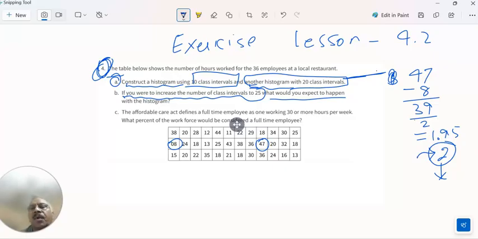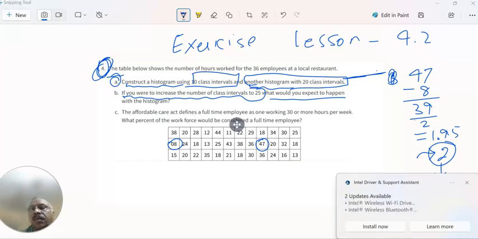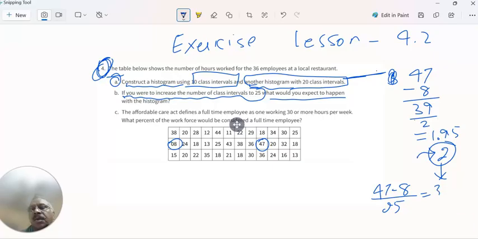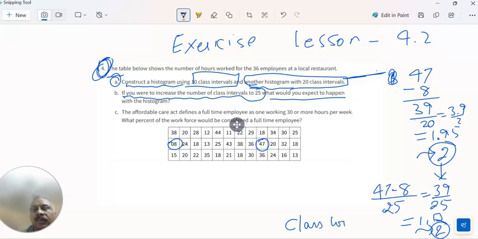So even if you do 47 minus 8, and you divide by 25, you get 39 divided by 25, and you still get 1 point something, which again rounds to 2. So your class width will be 2.